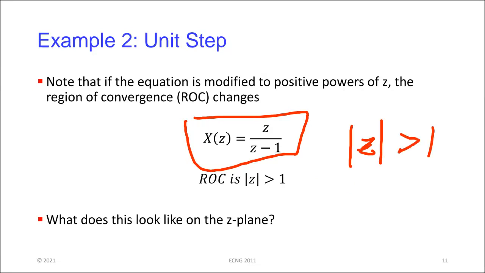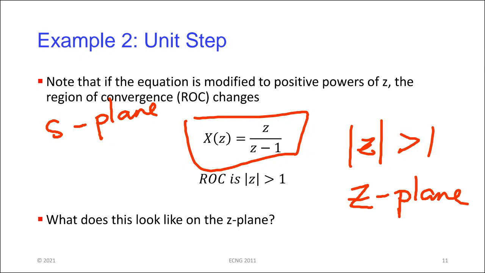Now, like the other transforms, the Laplace transform we drew on something called the S-plane. The Fourier transform, we didn't really draw it on any plane, because we were more interested in the spectrum, which was kind of one line and a magnitude. The Z transform we draw on something now called the Z-plane.